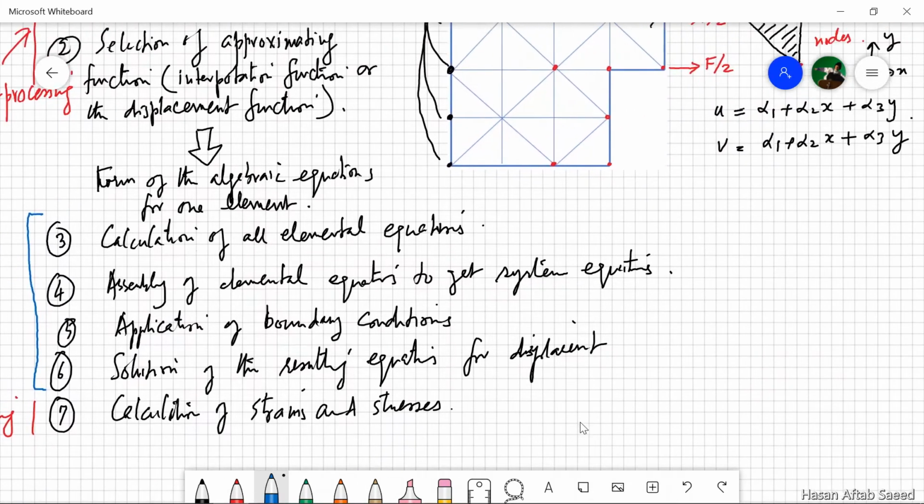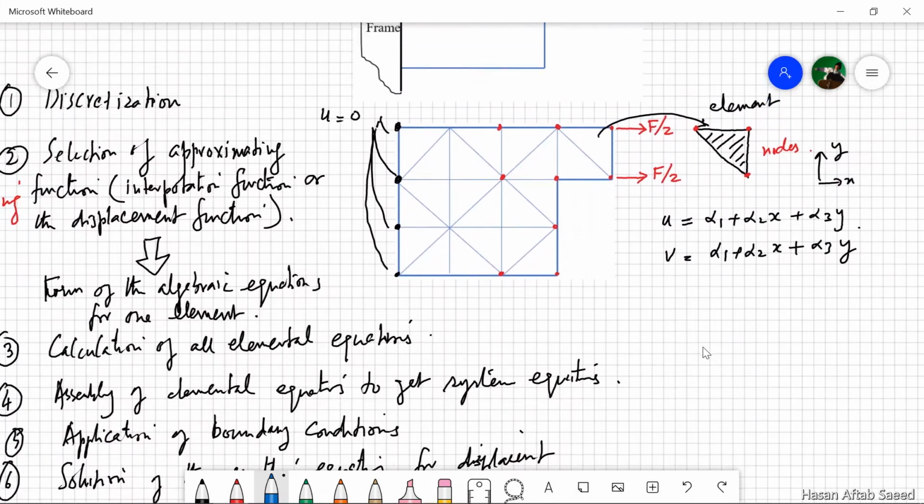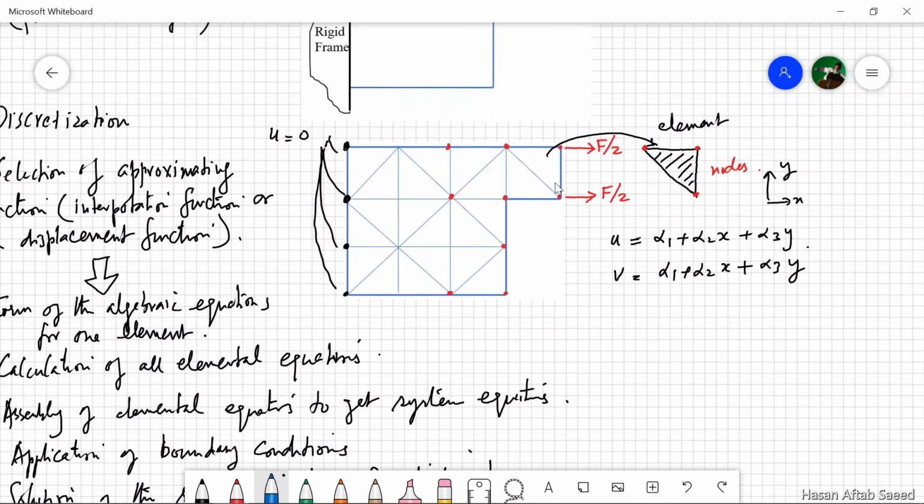One more point needs to be emphasized here. As a result of this type of loading, there will be very high gradients of stress in this region around the corner.